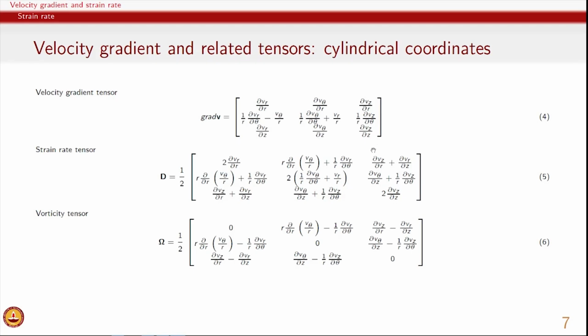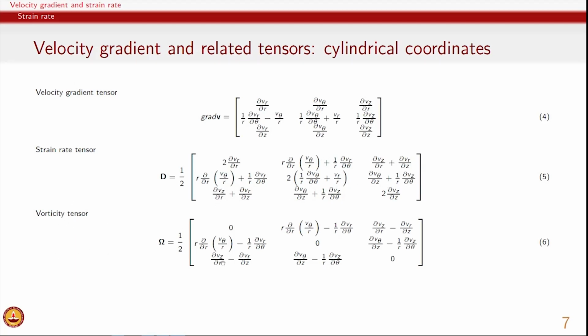So conceptually, the cylindrical and spherical coordinate systems have identical components. There will be 9 components. The off diagonal components indicate shear as well as rotation. The diagonal components include information only about stretching. And so when we look at the deformation tensor, the rate of deformation or strain rate tensor, the normal components inform us about stretching and compression, while the off diagonal elements inform us about shear deformation.